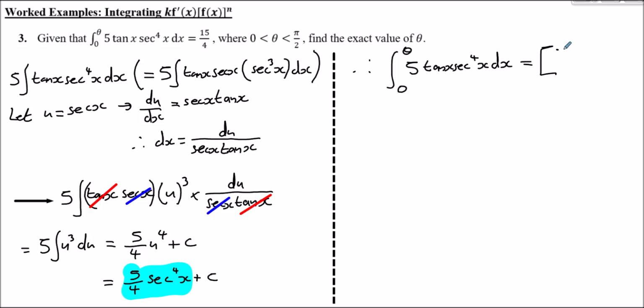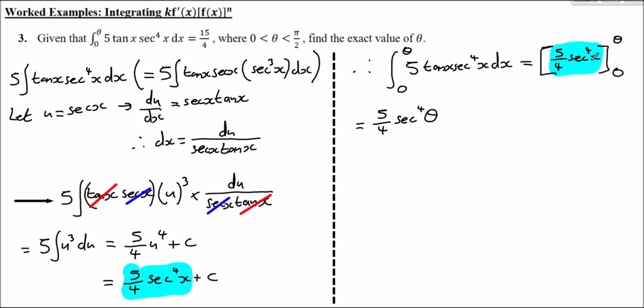So it's 5 over 4 sec to the 4x between theta and 0. So now just put in the actual value theta. So that's going to give us 5 over 4 sec to the power 4 theta.